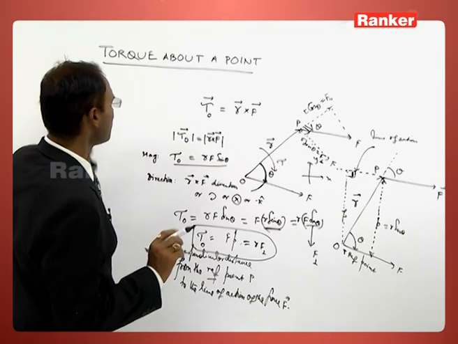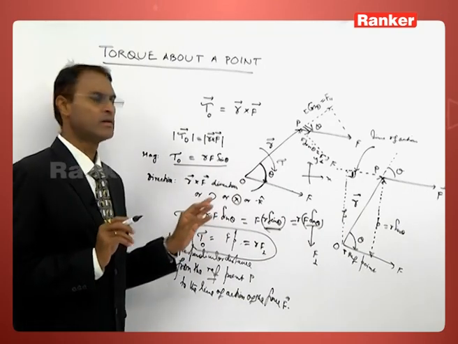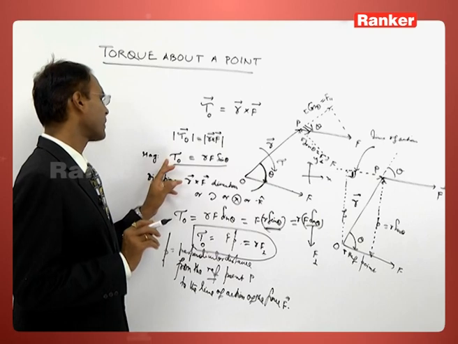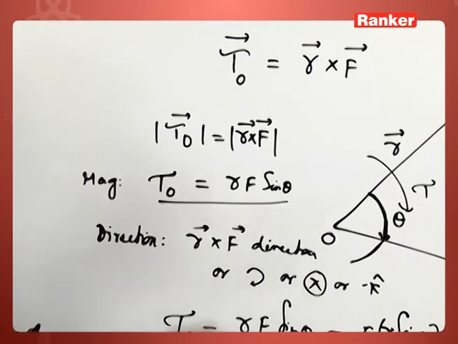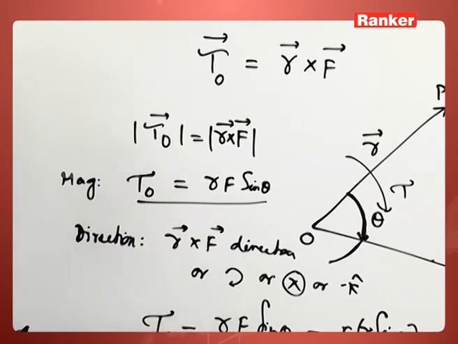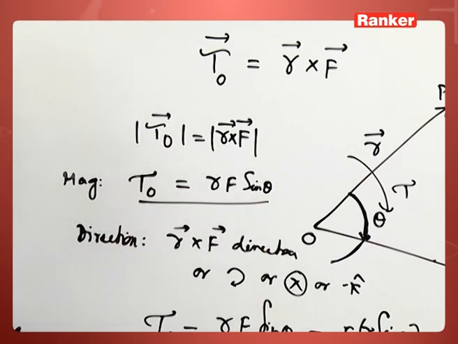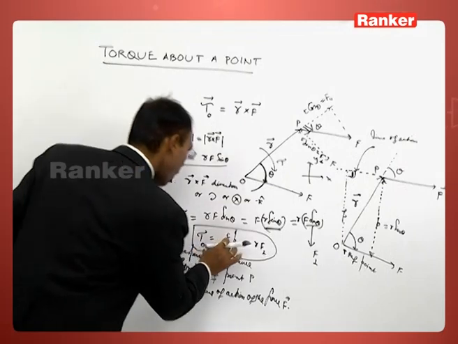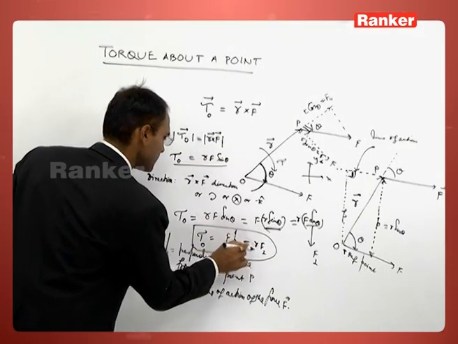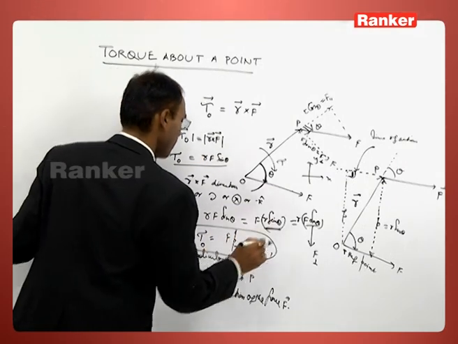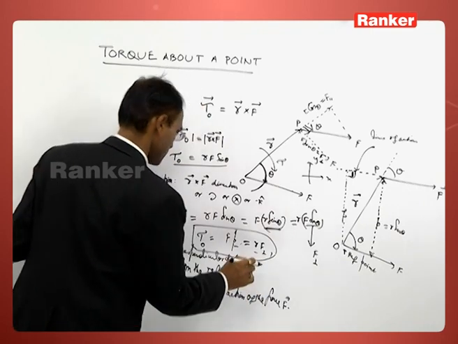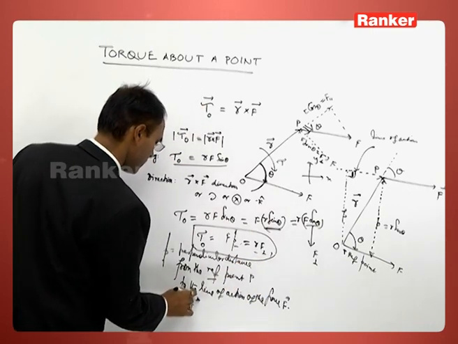Well, this is the expression for magnitude. R f sin theta can also be written as F into P, or as R into F perpendicular. Since the force is multiplied with a distance, torque can also be called moment of force.